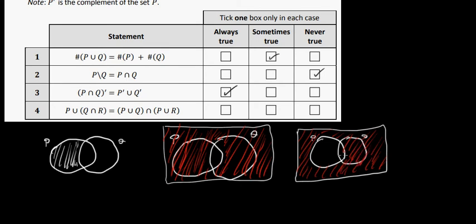So all of this here I haven't filled out. Okay, there's light overlap here, but that was a mistake. P complement is everywhere outside P. So this is P complement here.